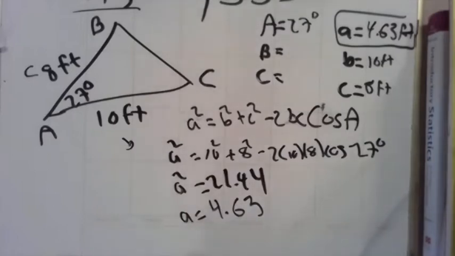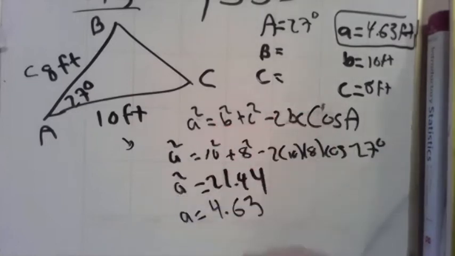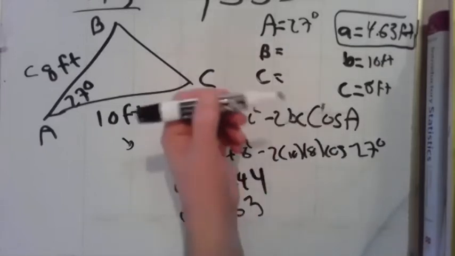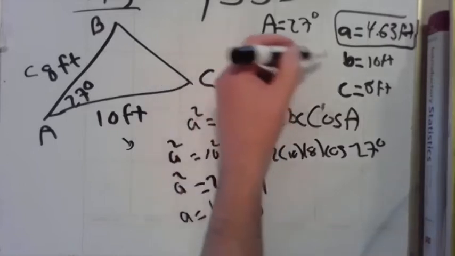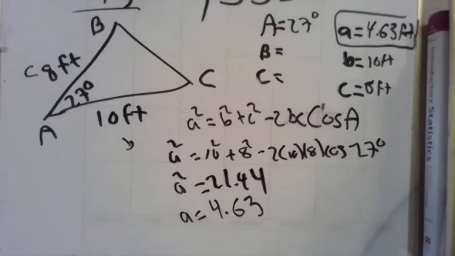We could use law of cosines again, but using law of cosines to find an angle is a lot of work. And there are a lot of ways you can type it in wrong. A lot of mistakes happen. So my recommendation now is to switch over to law of sines. Now remember, law of sines, when you're looking for an angle, you can't trust it all the time.